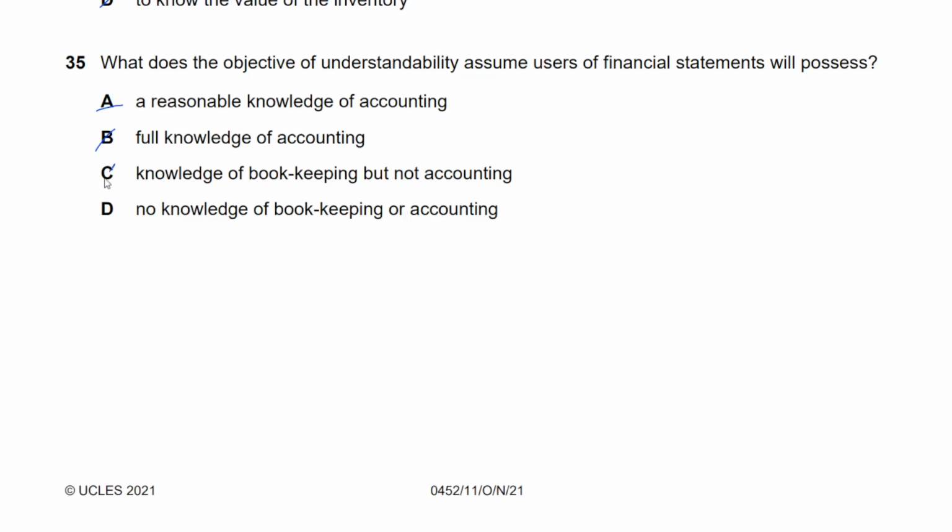Well, they need to know some basic accounting, like how to read financial statements. No knowledge of bookkeeping or accounting? No. If they are totally unaware of what is bookkeeping and accounting, they can't really understand our statements. So they must have a reasonable, not a very deep and not a very little knowledge, but a reasonable amount of knowledge of accounting. That's what we assume while preparing our financial statements.